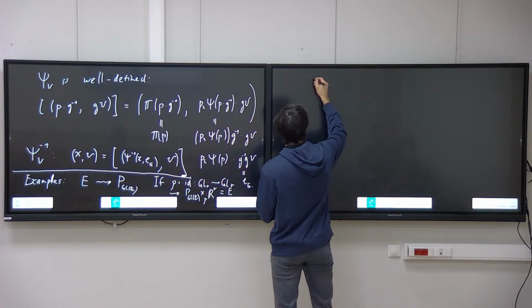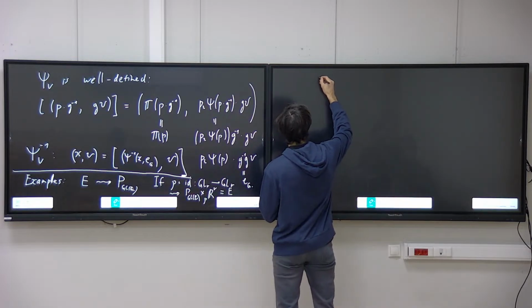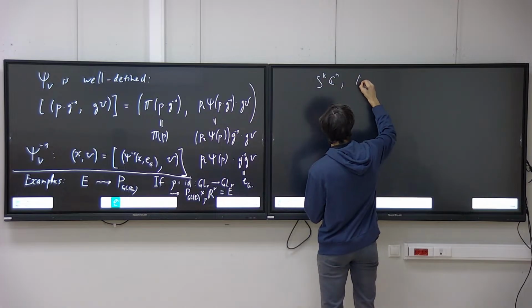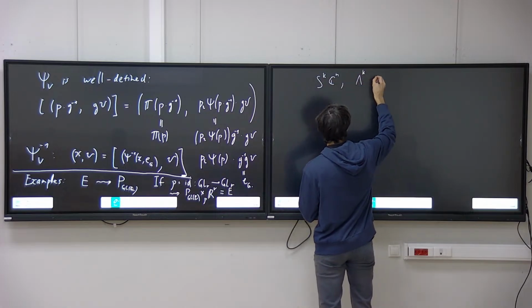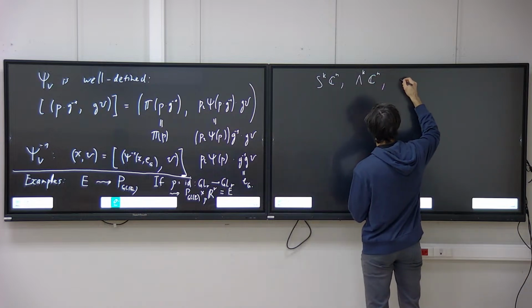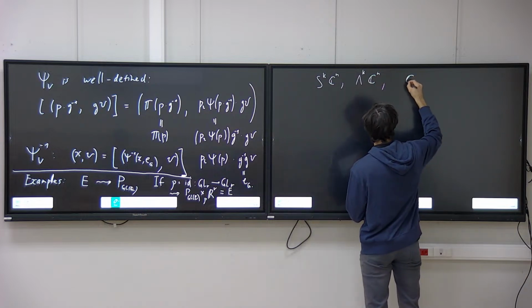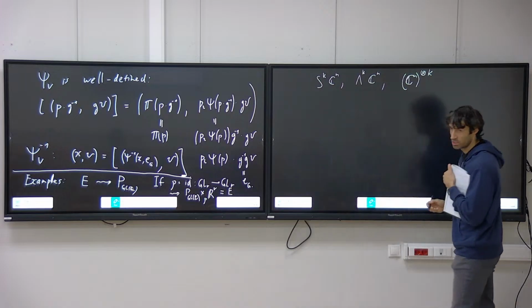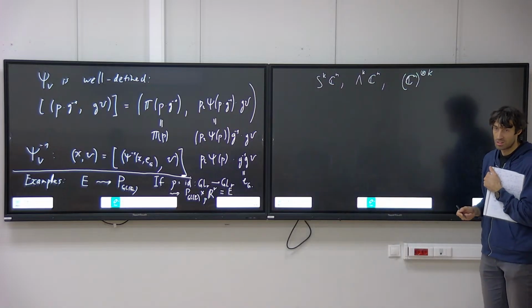All these: S^k C^n, lambda^k C^n, or the k-fold tensor product.